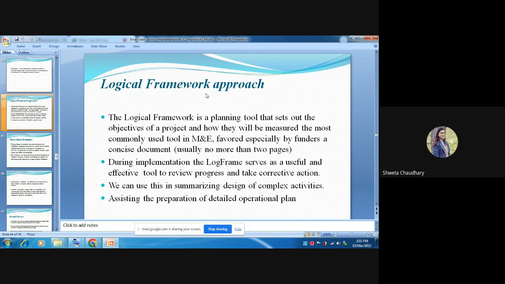We create a log frame, we compile all the activities in one or two pages, and this shows how the policy is being implemented, what activities are to be done, whether weekly, monthly, or quarterly, and what amount of allocation is being done, for example on the health sector, quarterly, weekly, monthly, yearly. That is the logical framework approach.